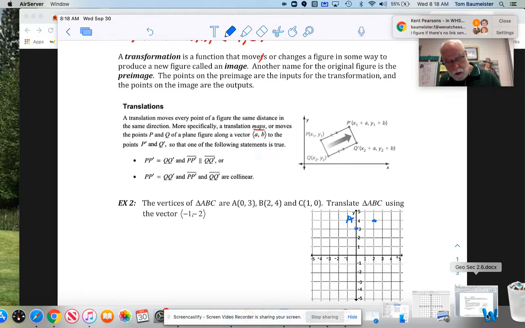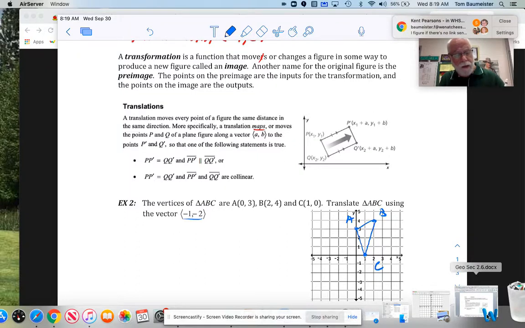And our C is at 1 and 0. All right, so again, that's a triangle, so we're going to connect our points there. And then it says we're using the vector <-1, -2>.